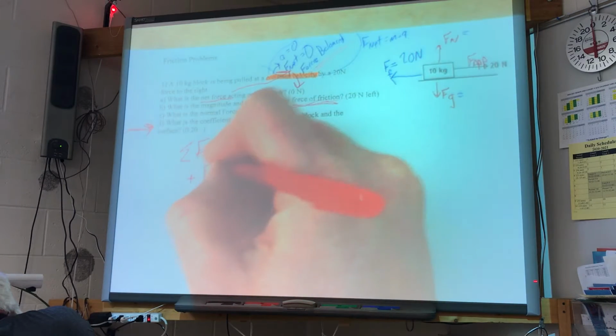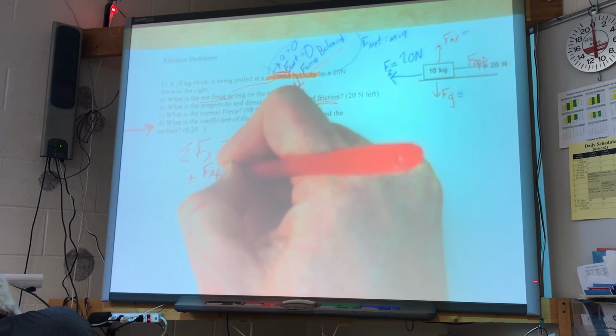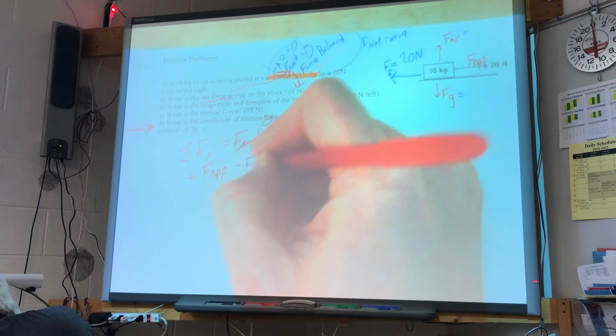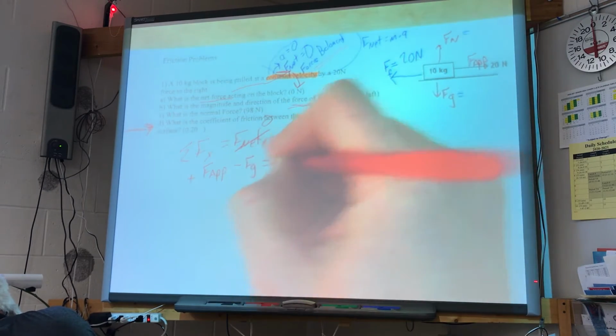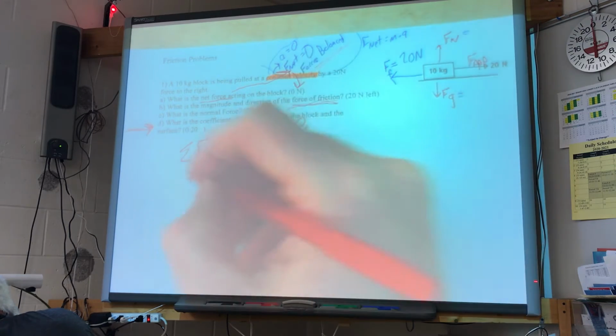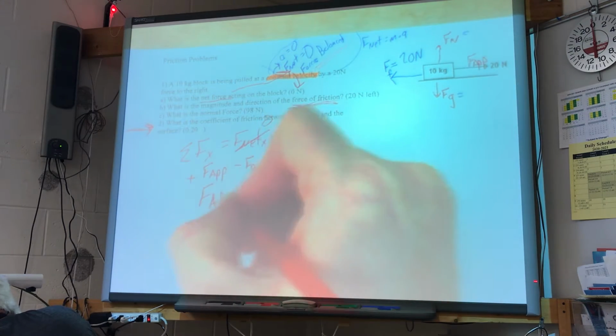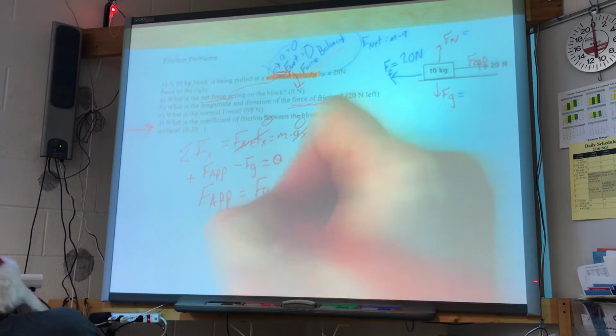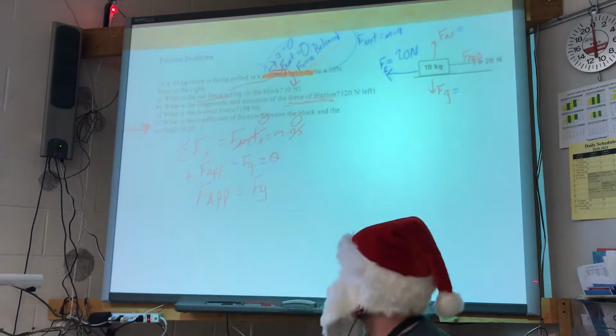So for the sum of all my forces in the x direction, I add my forces going to the right, I subtract my forces going to the left, and I set it equal to 0. My applied force is equal to my friction force. That's what balanced forces tells me.